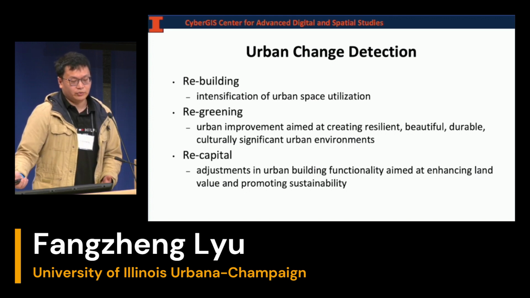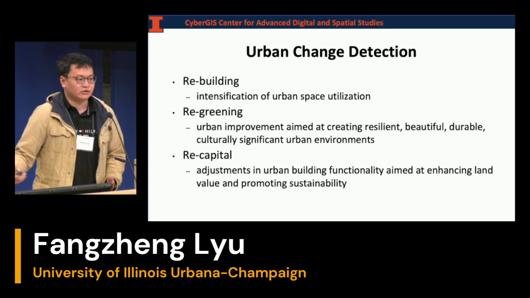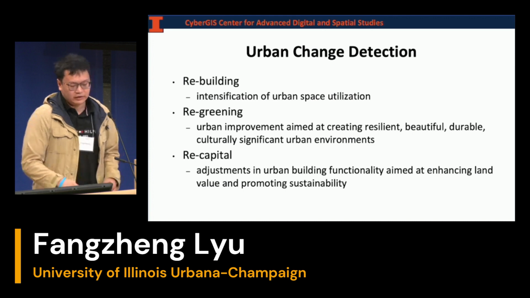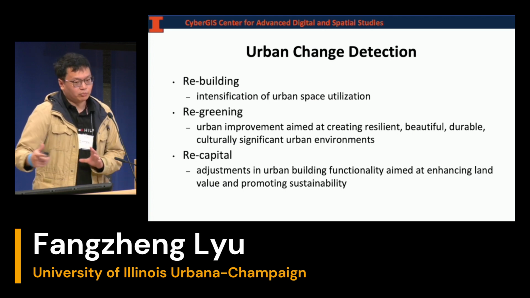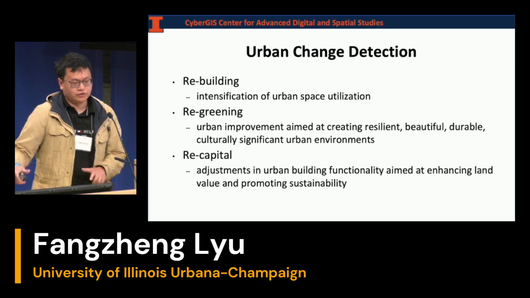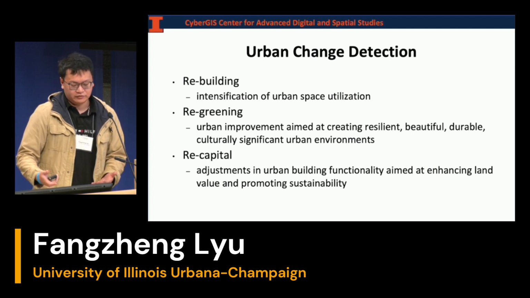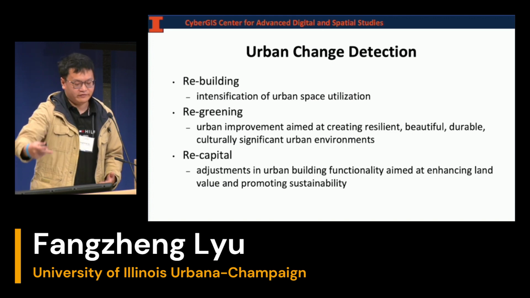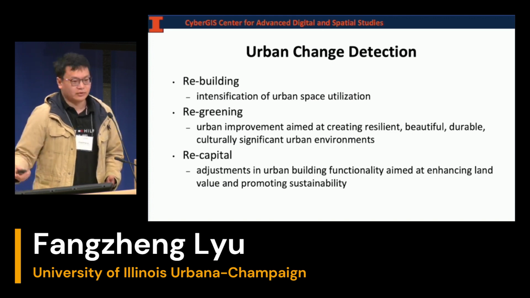If we have a new park, a new greenway, a new green belt, that'll be categorized into regreening. And recapital, that is more specific to the retrofitting, because that will involve the functionality change, the urban building functionality change aimed at enhancing either the land value or promoting sustainability.